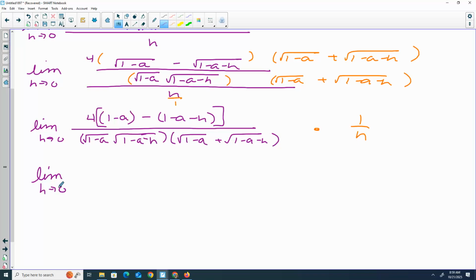We are really close now. On the inside, if I distribute my negative, my 1 and negative 1 cancel, my negative a and positive a cancel, so I just have 4h on top.